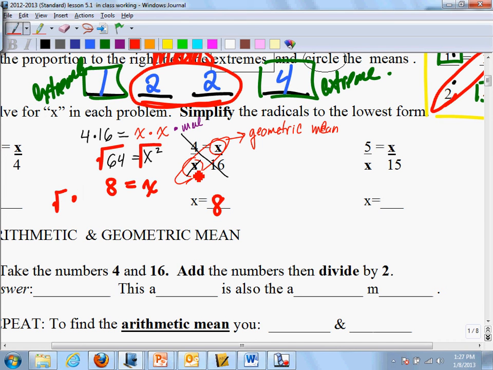Now go ahead and put 8 down here and 8 up here. Let's see if this is a true statement. We have 4 over 8, that's 1/2. 8 over 16, 1/2. That 8 there is called the geometric mean. Here's your summary statement.